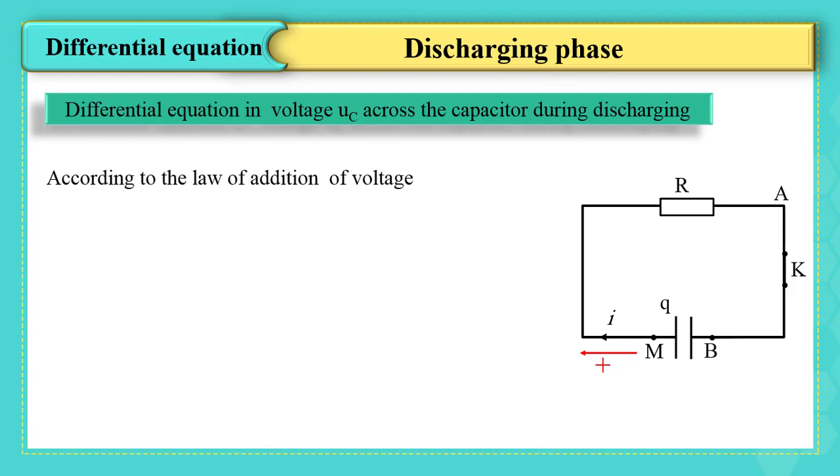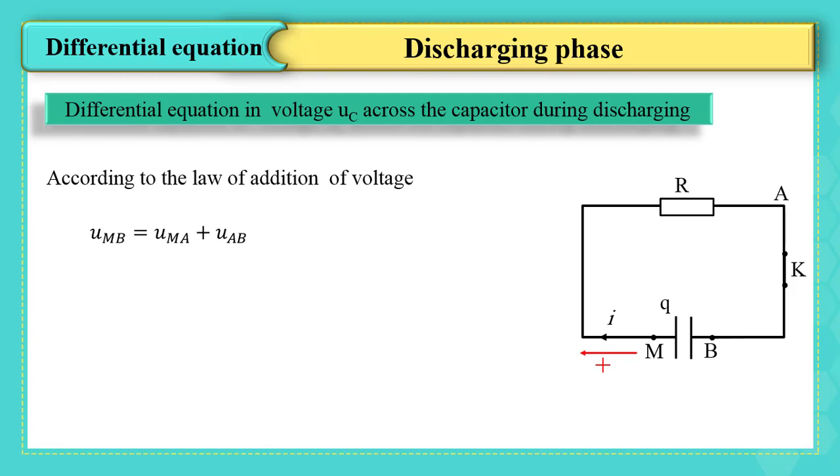Then, according to the law of addition of voltages, and by considering the positive direction as the direction of I, which leaves the capacitor from the plate M, we obtain the following relation: UMB equals UMA plus UAB.